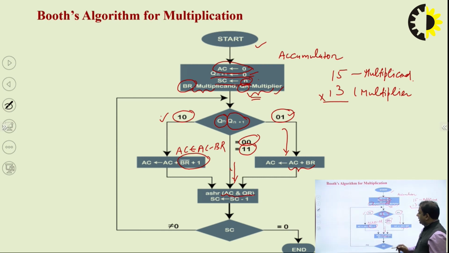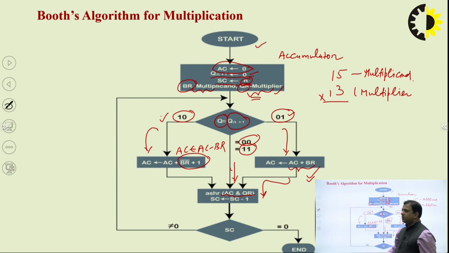But if we have Qn and Qn plus 1 equal to 0 1, then accumulator equals accumulator plus BR followed by the arithmetic shift right operation of AC and QR. Similarly, if Qn and Qn plus 1 equals 1 0, we perform AC equals AC minus BR followed by the arithmetic shift right operation of AC and QR, and at the same time the sequence counter is decremented by 1, right.